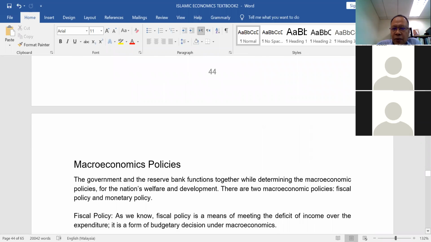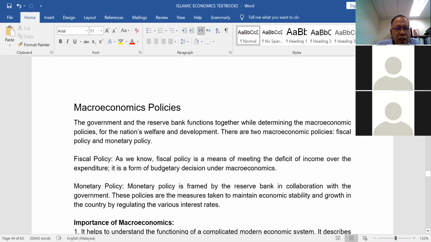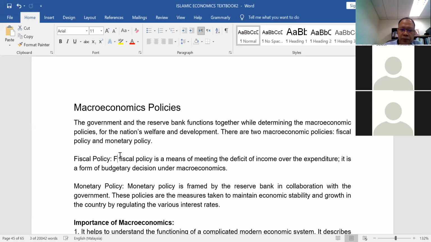All right, so we have two macroeconomic policies, fiscal policy and monetary policy. So fiscal policy is a means of meeting the deficit of income over expenditure.